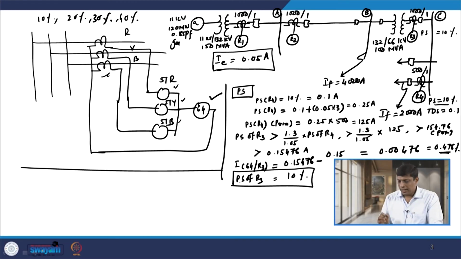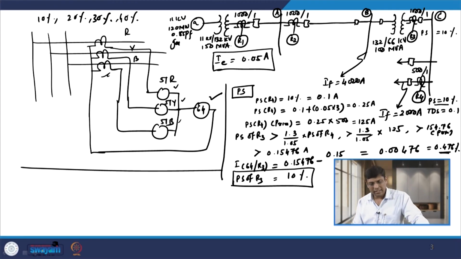Now, what about relay R2? As I told you while deciding the plug setting and time dial setting rules for ground relays, when we have a star delta transformer involved between two successive relays, R2 and R3 in this case, then we can set the plug setting and time dial setting of relay R2 independently.